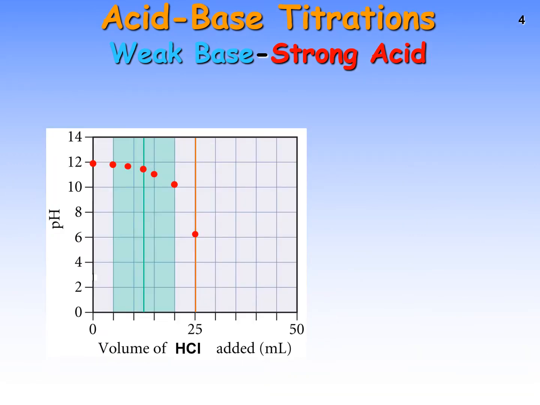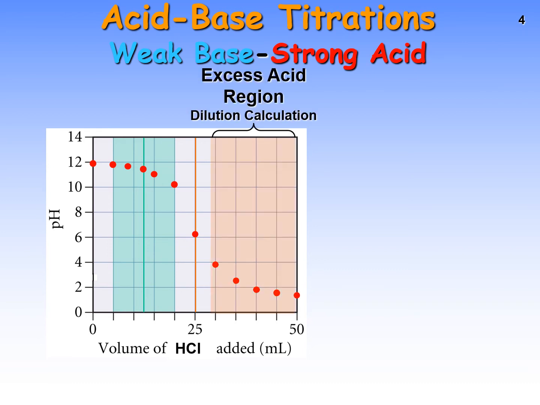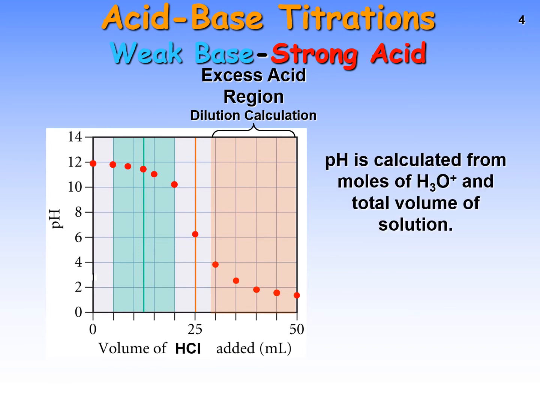Let's move on to the last region of the weak base strong acid titration that you might see, and that is the excess acid region. And really, this is a neutralization step followed by the determination of the H3O+ present in the solution.